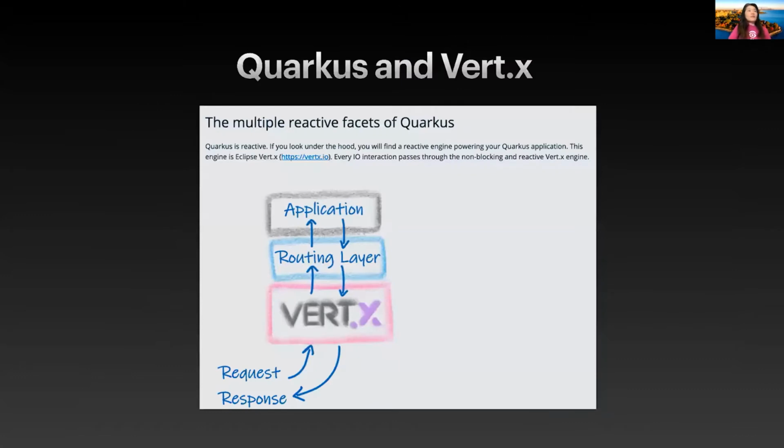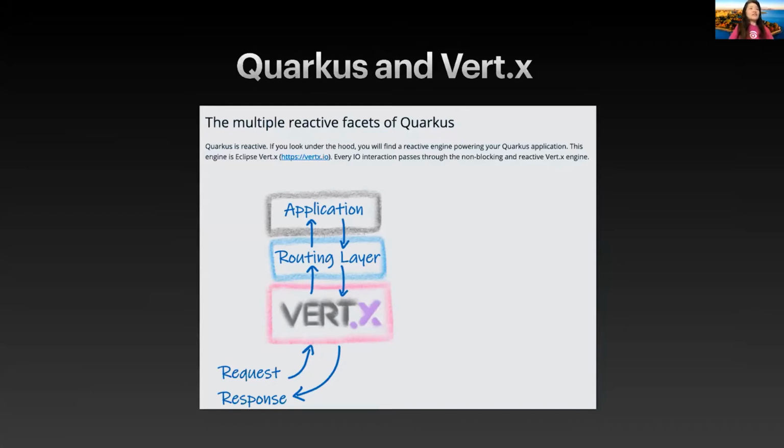And again, when I talk about Quarkus and Vert.x, the thing is that in Quarkus, you cannot see Vert.x because it's the layer that's underneath. It's like when you go on the street, the plumbing, you cannot see the pipes and all that stuff that's working, but that's what is happening. Vert.x is working underneath the hood.